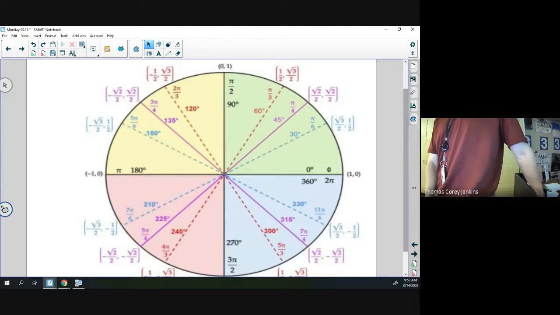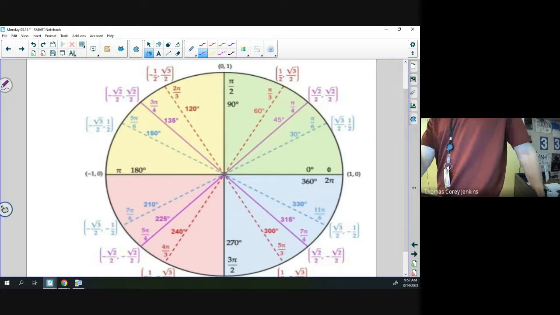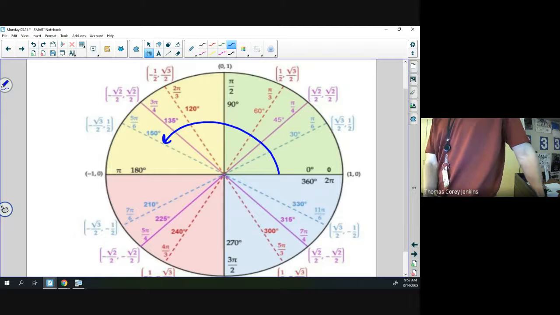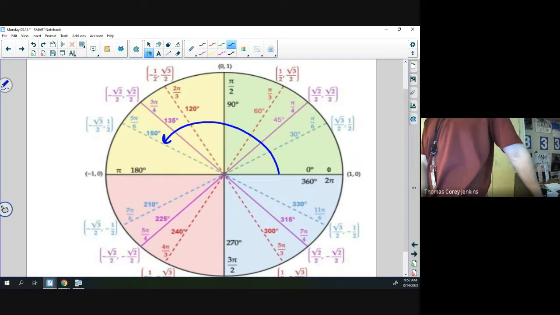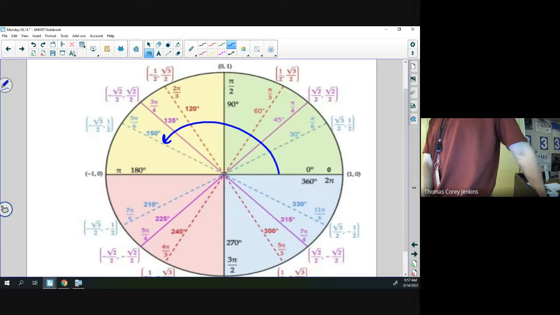And again, this is just kind of learning how to use this circle, this diagram. Give you a hint. So kind of visually, that's positive 5 pi over 6. So what would be the opposite of that? What would be going the other way, that same distance around? Taylor? 210 or 7 pi over 6.